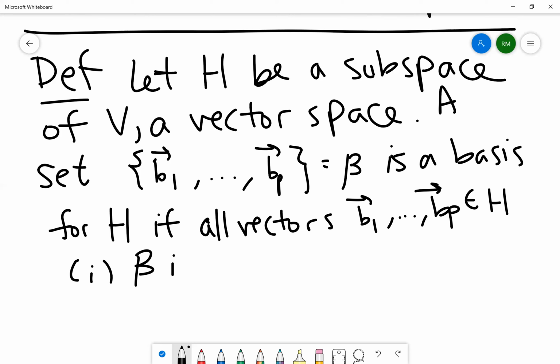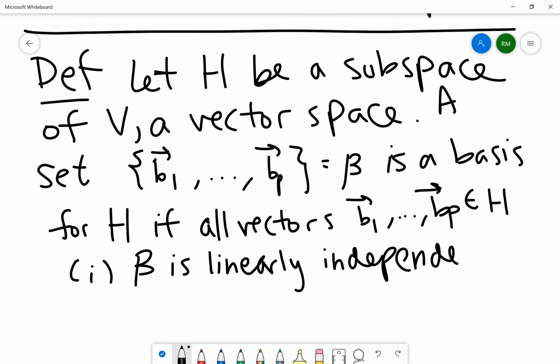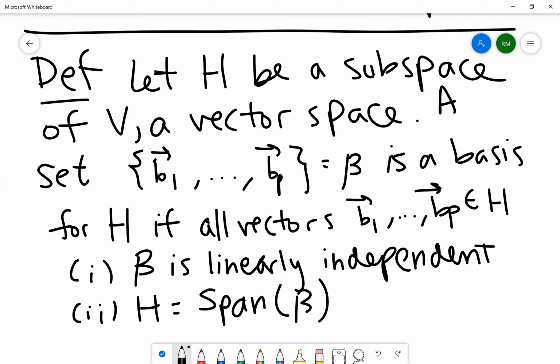Our set beta is linearly independent. And secondly, H has to equal the span of beta.